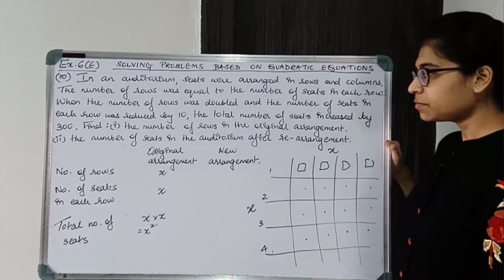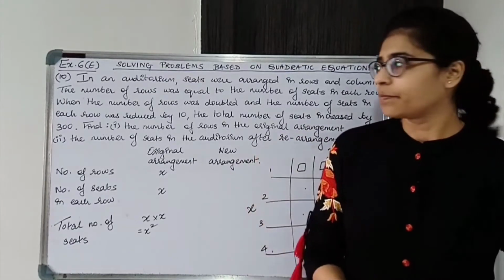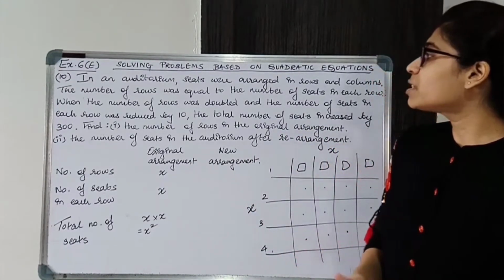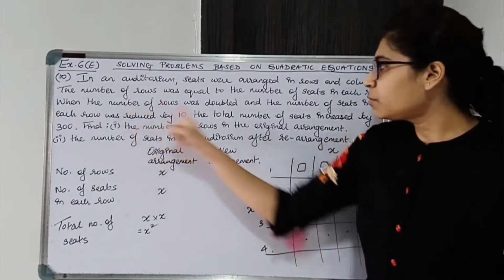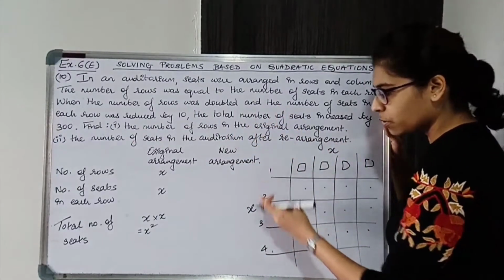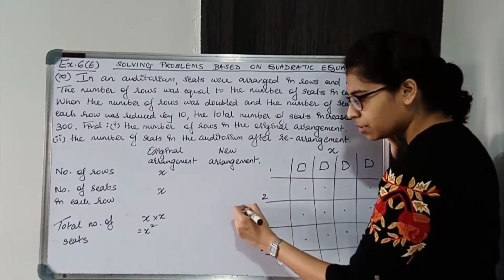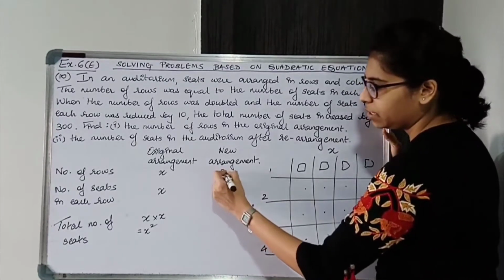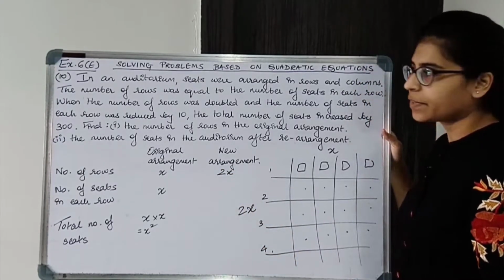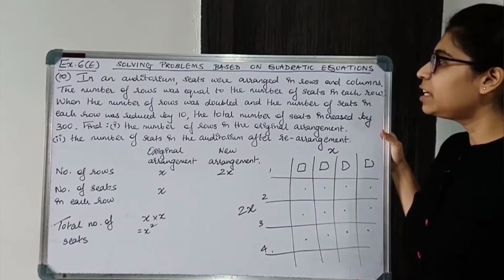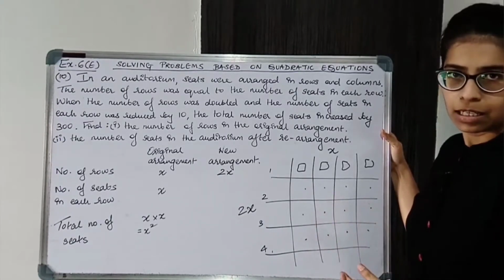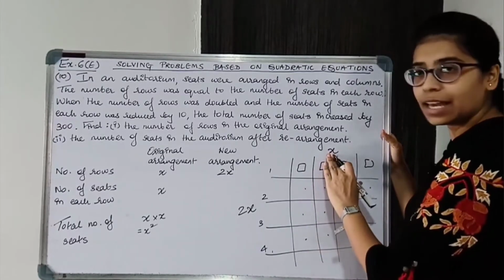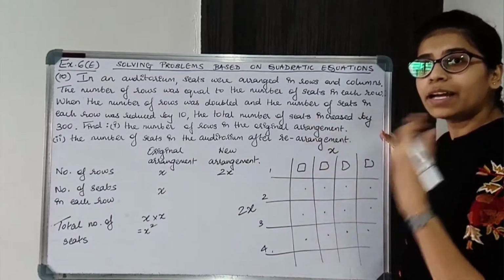Alright. For new arrangement, the number of rows was doubled. When the number of rows was doubled, X की जगह कितना हो जाएगा? 2X हो जाएगा. ठीक है? So there will be 2X rows. And the number of seats in each row was reduced by 10. Number of seats were X, so they are reduced by 10.